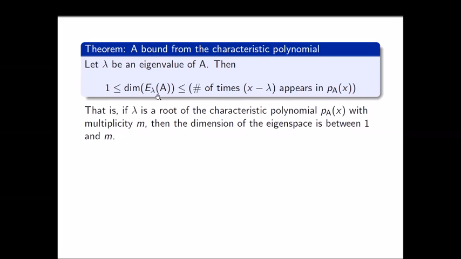But on the other side, we have an upper bound as well, and that is that the dimension of the eigenspace corresponding to lambda is going to be at most the number of times x minus lambda appears in the factorization of the characteristic polynomial. In other words, if lambda is a root of the characteristic polynomial p_A(x) with multiplicity m, that is, it appears m times, then the dimension of the eigenspace is going to be between 1 and m.